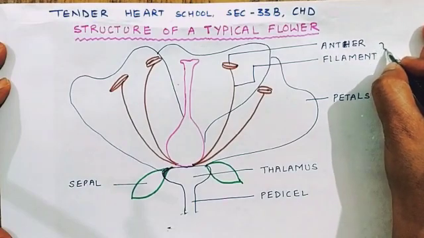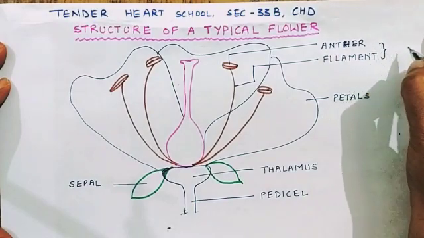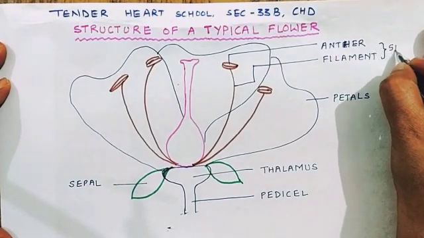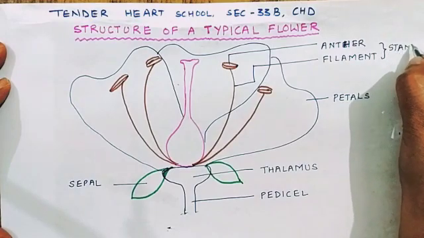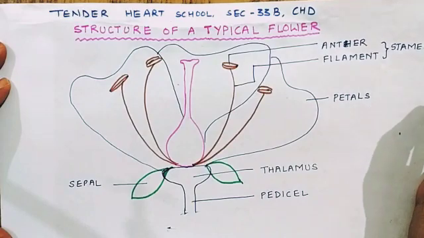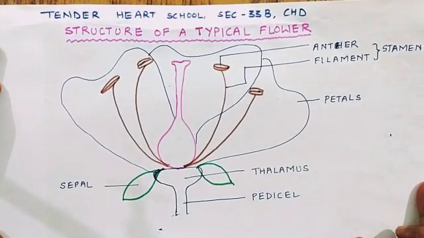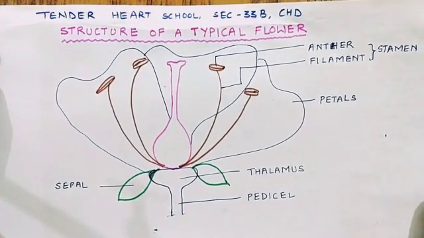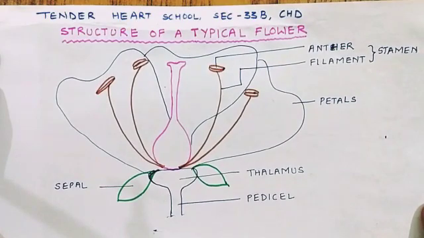Anther and filament, both of these together, they are forming the stamen. Okay.